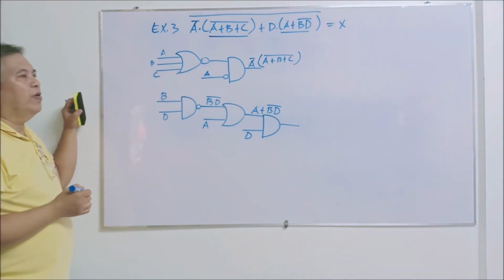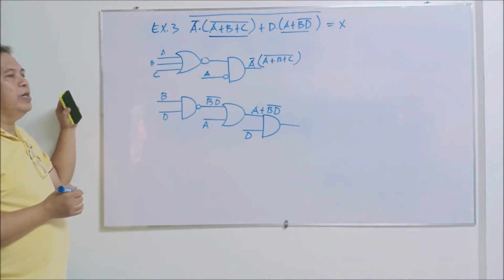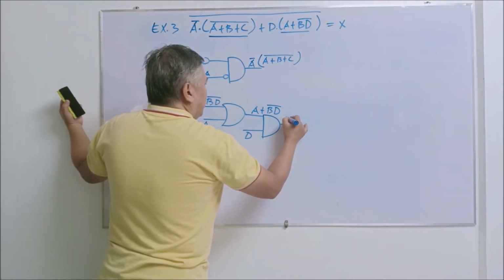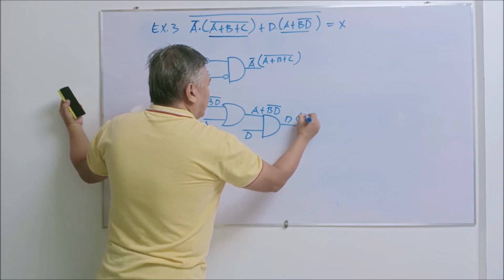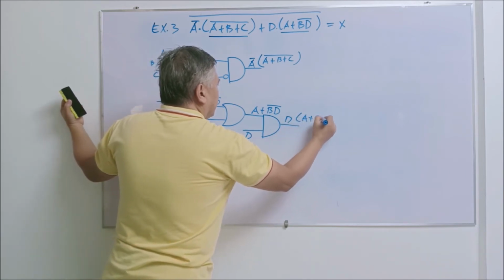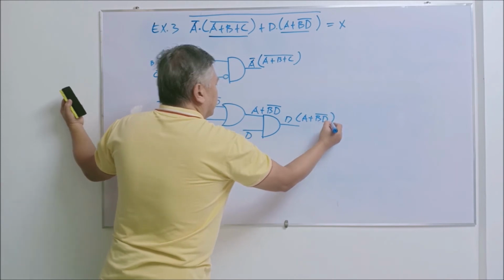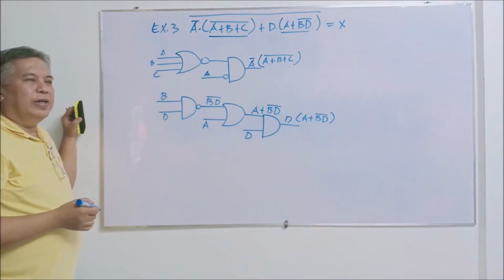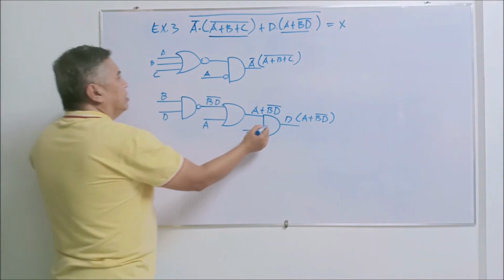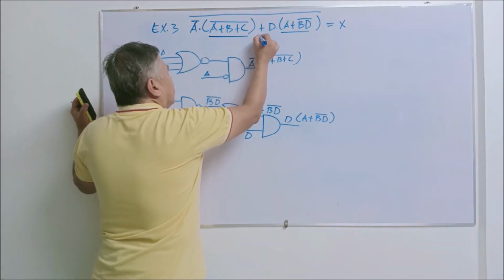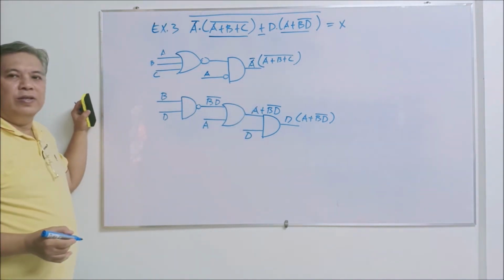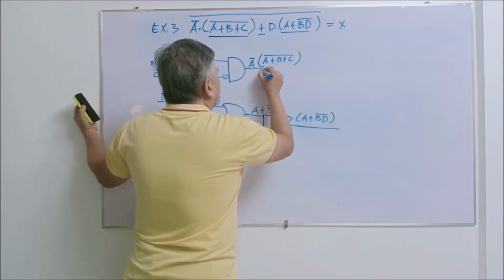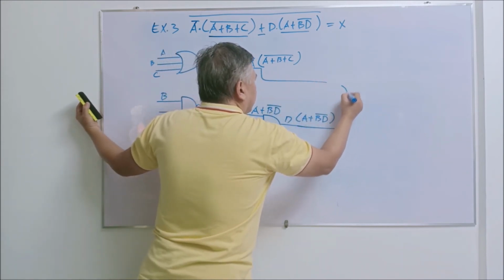Okay, so we have now 4 inputs represented by A, B, C, and D. So the output now becomes D times A plus BD complement. That will now be the output of this particular AND gate. And all of these gates are being ORed together by an OR gate. So you draw an OR gate.